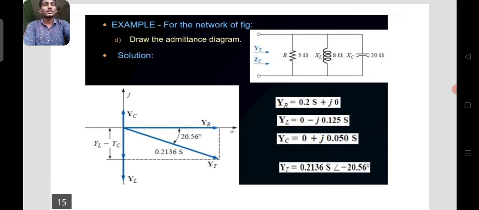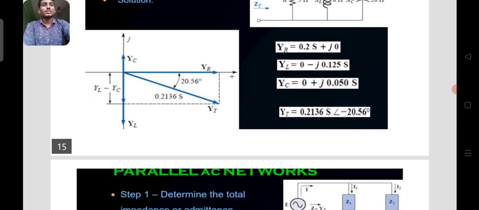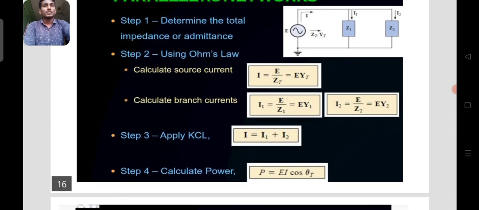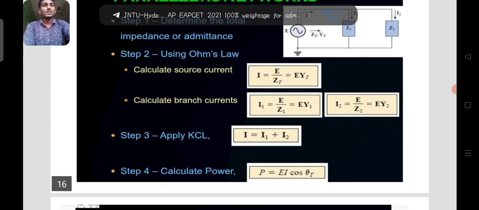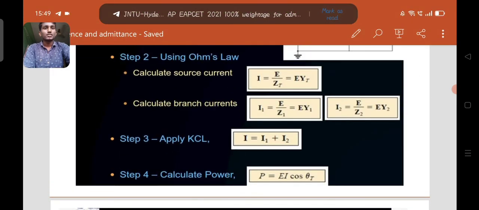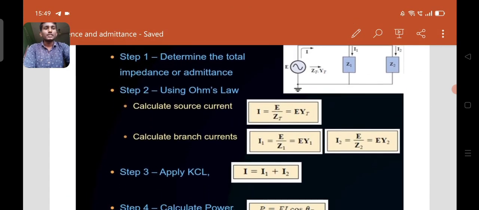So here is another example for the calculation of admittance of each element, and a graph denotes the admittance of the circuit. So here, to calculate the admittance in parallel networks, we include some steps.